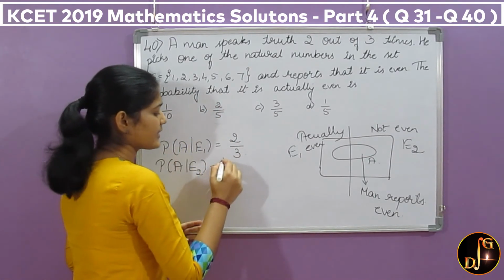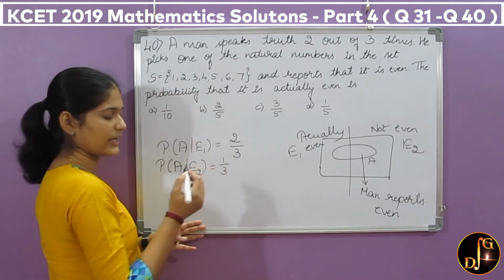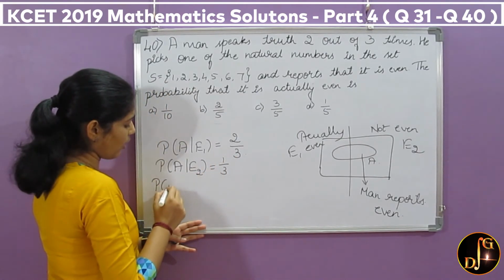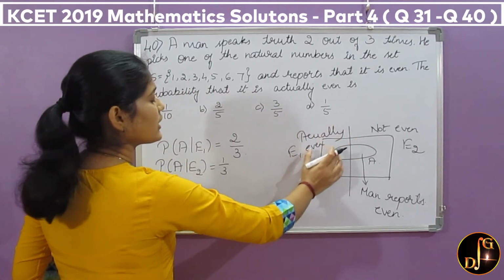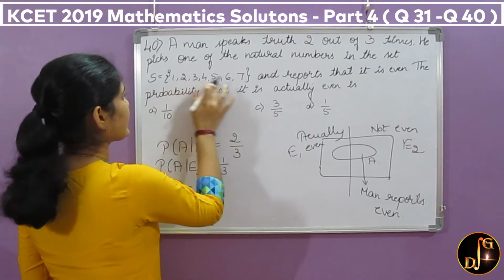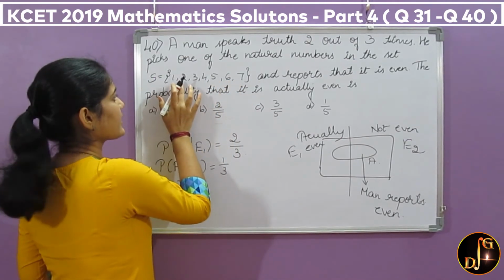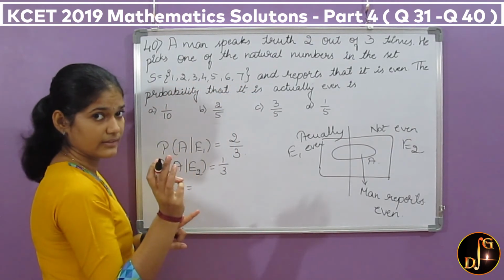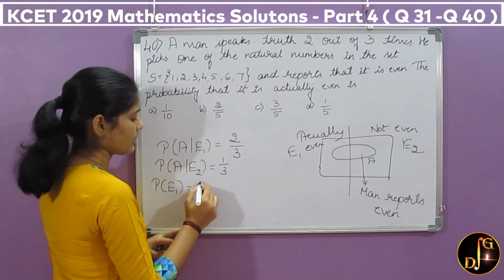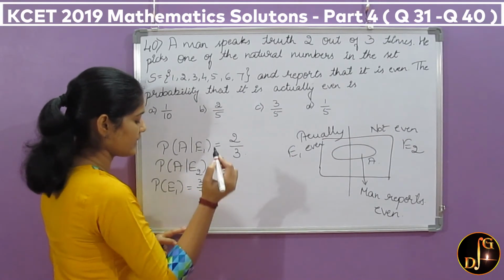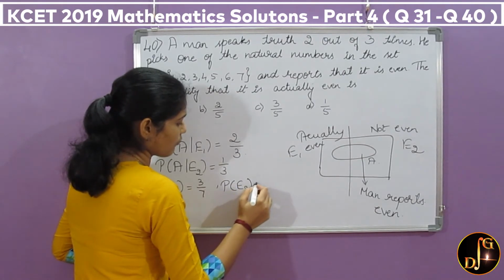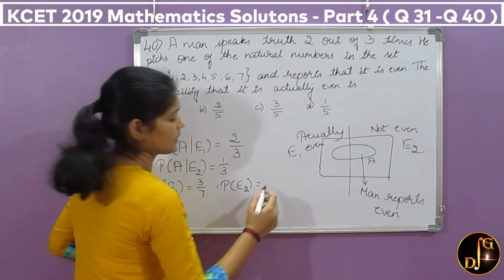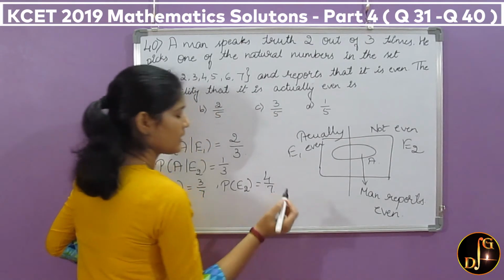The probability is 1 by 3. Right? And probability of E1, that is, the number is actually even. Here there are 7 numbers. In this there are 1, 2, 3 even numbers. So the probability of E1 is 3 by 7, right? And probability of E2 is probability of odd numbers. That means there are 4 odd numbers. So it is 4 by 7.